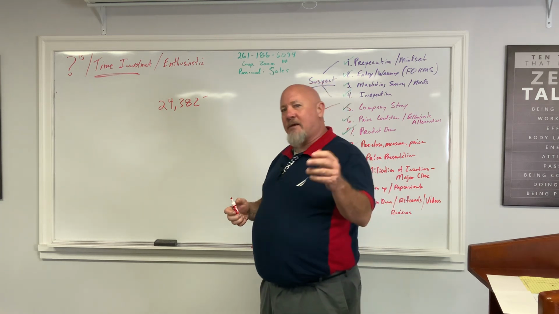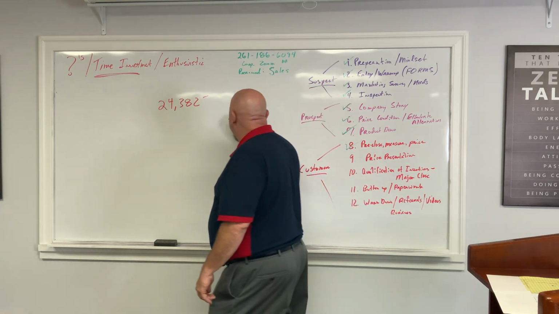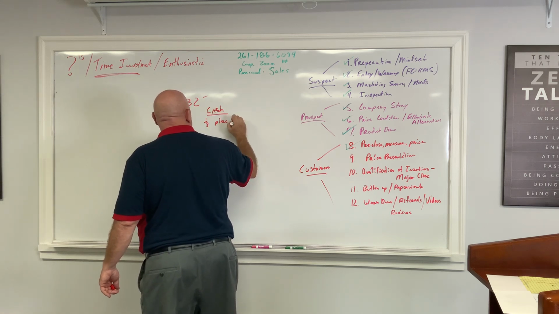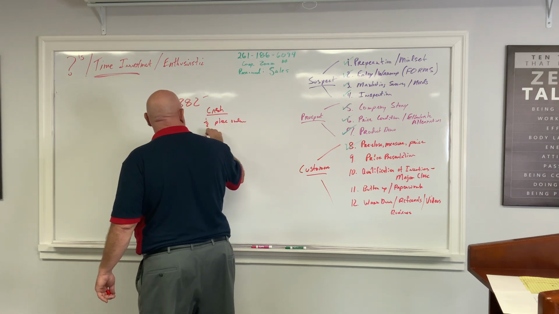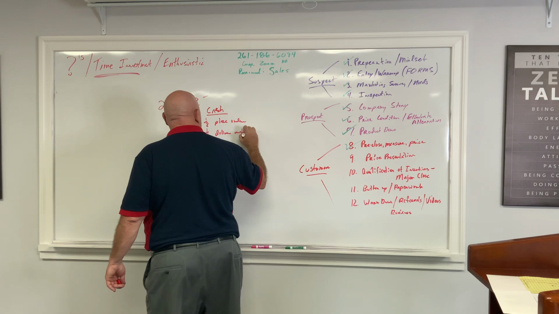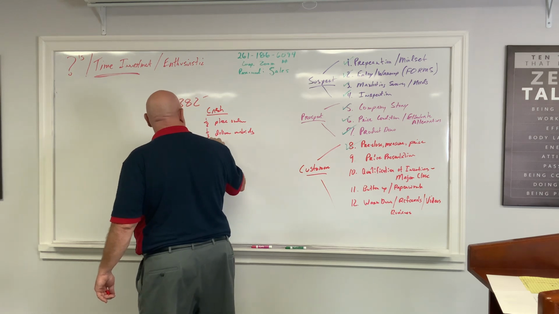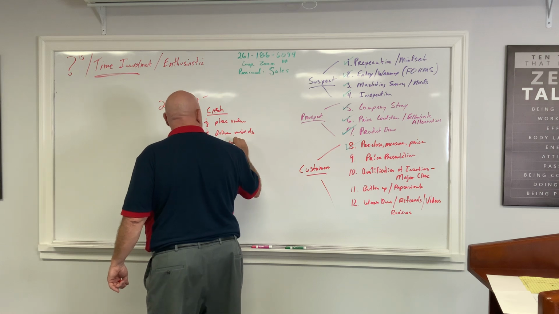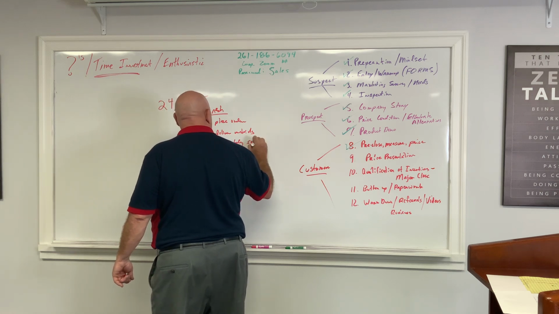Okay, so John and Mary, let me explain the 2 options to you. If you did cash, what we do is we take a third when you place the order. We take a third when we deliver materials, and we take a third when you're completely satisfied.